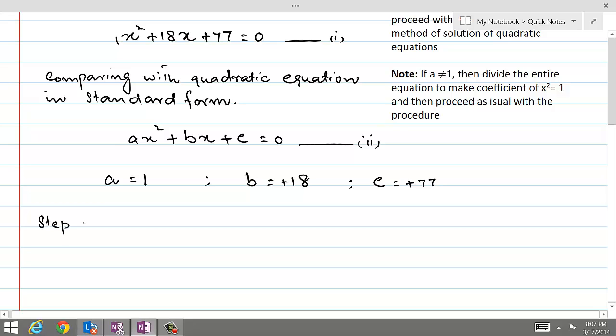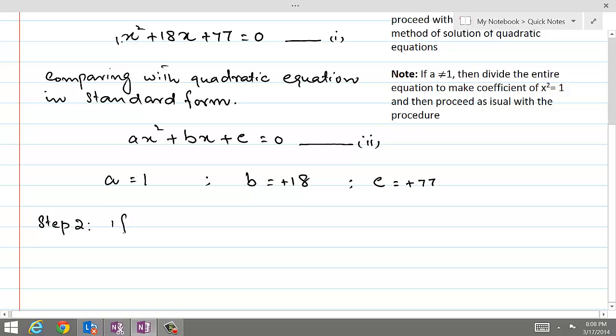And in step 2, the first thing we look at is the value of a. If a is equal to 1, then we have a procedure in which we separate c, meaning moving c, the constant, to the right hand side.